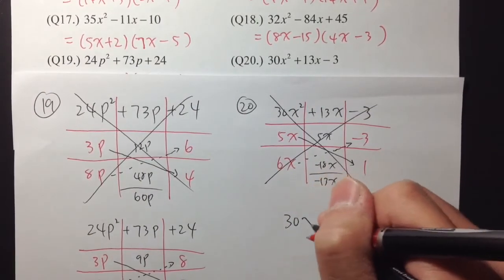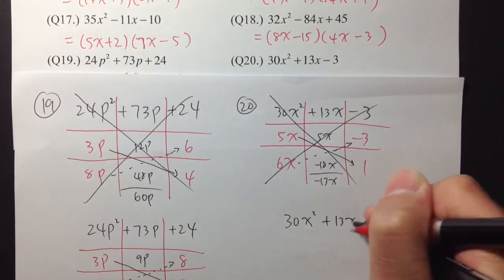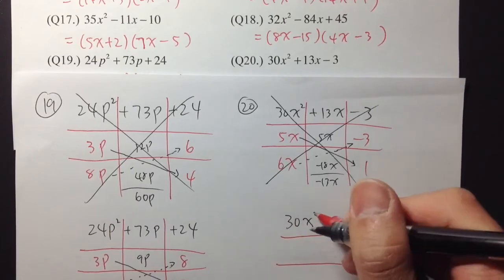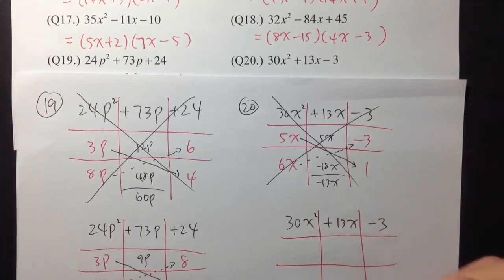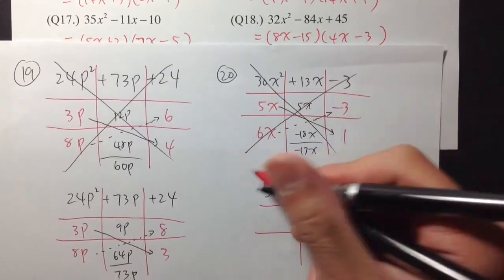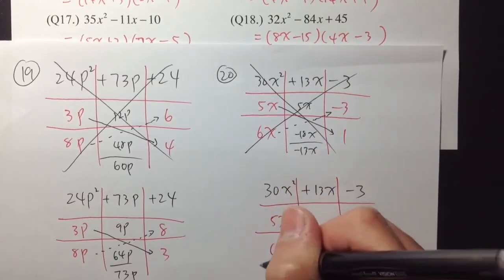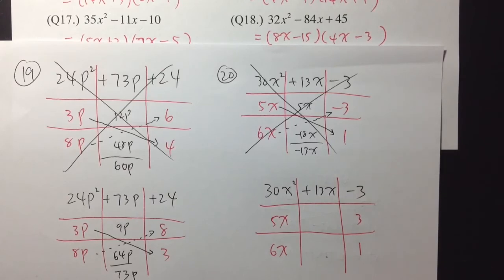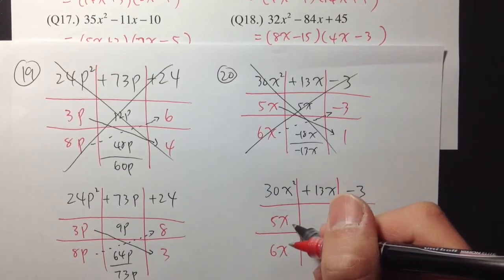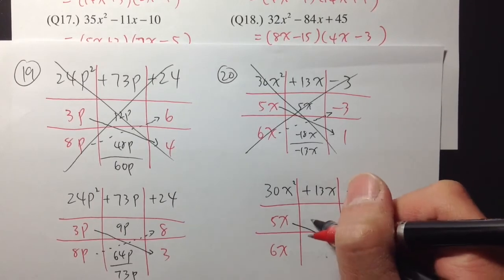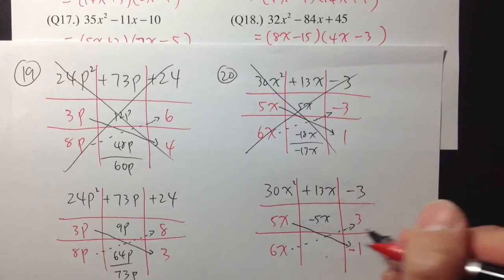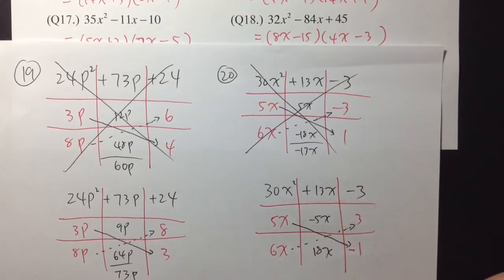So 30x squared plus 13x minus 3. So draw the tic-tac-toe box like this. So I know the combination should be 5x and 6x, and 3 and 1 should go like this. But I need to have a negative right here. Then 5x times negative 1 is negative 5x. 6x times 3 is 18x.